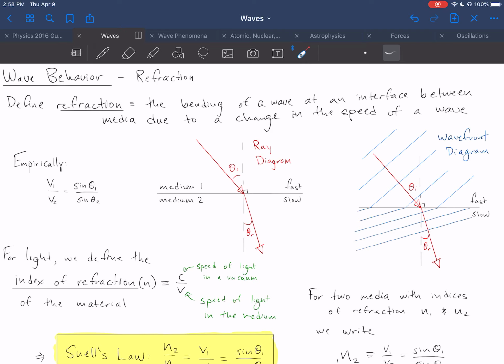Here we're using 1 and 2 to refer to the two media, partially because it doesn't matter whether one is fast or one is slow, or which order the wave is going into, whether it's going downwards or upwards in the diagram, but also because theta r already means the angle of reflection. And so sometimes for clarity's sake, with refraction in particular, we will use theta 1 and theta 2. We will discuss the consequences of this mathematical relationship in the next video.